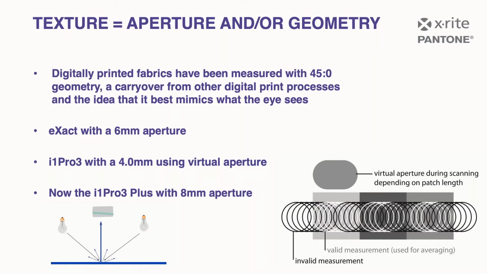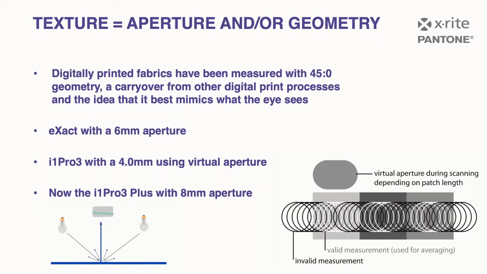And then the other plus is moving to something like the i1 Pro 3 Plus, which has a much larger aperture, and that larger aperture integrates just in spot mode, but then you can obviously understand that if we scan with it, we get even more integration for a better measurement on textured pieces.